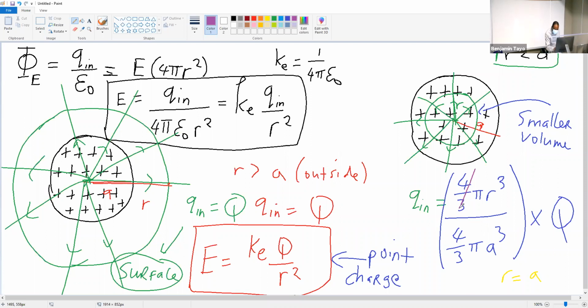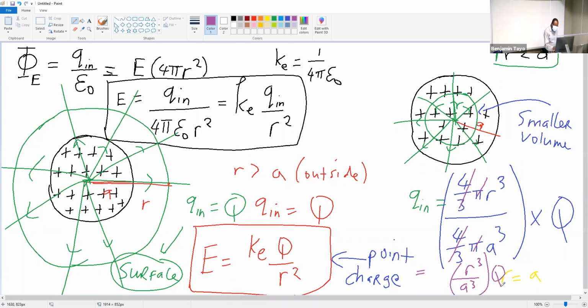This 4/3 cancels with this 4/3. Pi cancels with pi. And so you just end up with Q in equal to R to the power of 3 divided by A to the power of 3 times Q.